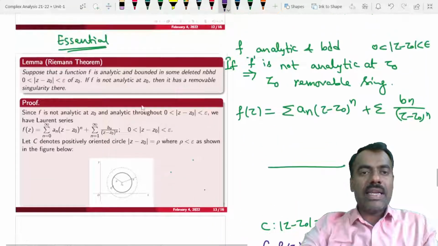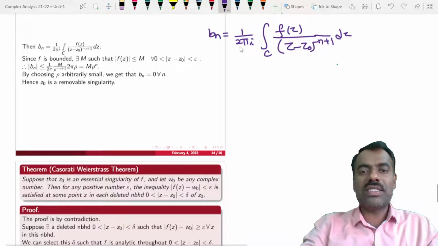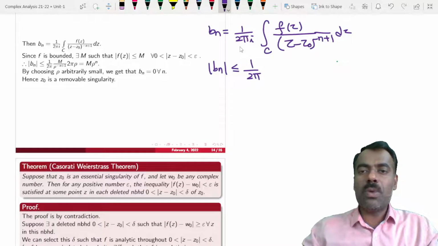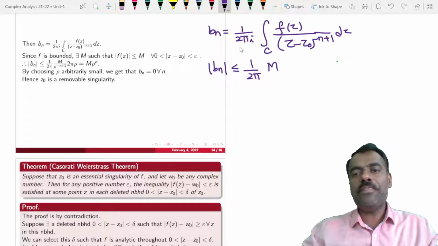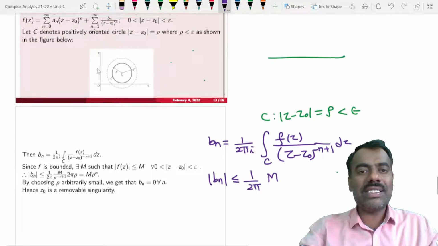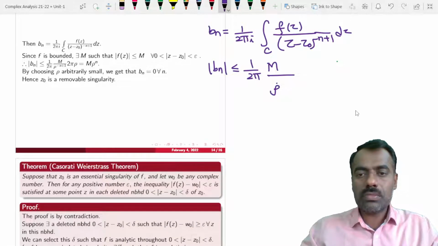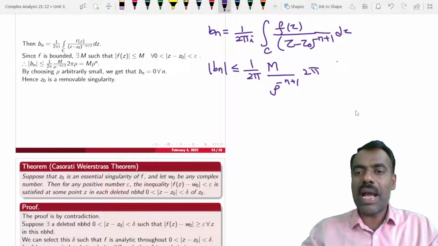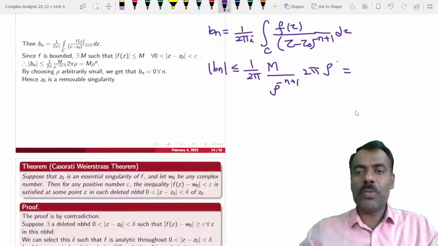But it is already given that f of z is bounded. So taking the modulus, mod b_n is less than or equal to 1 by 2 pi times the modulus of these values, and suppose f takes maximum value M. Then z minus z naught is precisely rho, so this becomes rho to the power minus n plus 1, and the length of the curve is 2 pi rho. So the 2 pi gets cancelled.